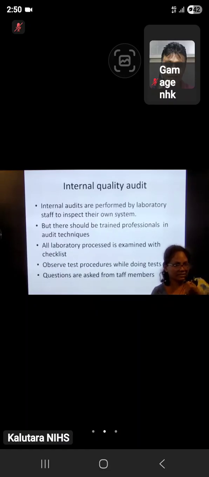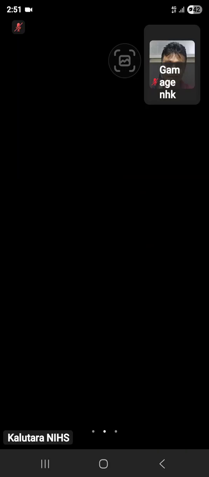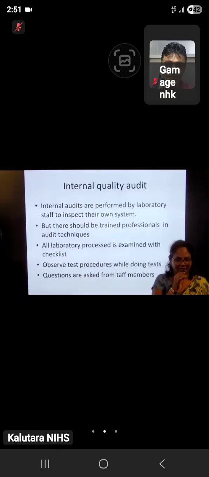Internal audits are performed by laboratory staff to inspect their own system. You also can do it, but there should be trained professionals in audit techniques. Ordinary people can't do that. If you have a person in your laboratory trained in audit techniques and examination of the quality system, then you can do it. All laboratory processes are examined with a checklist.